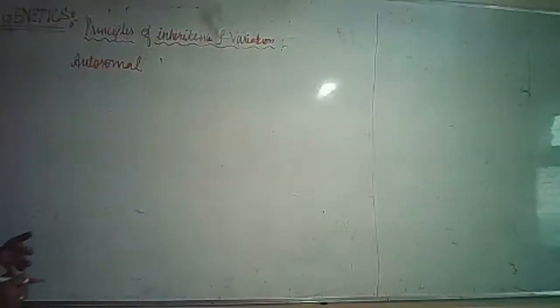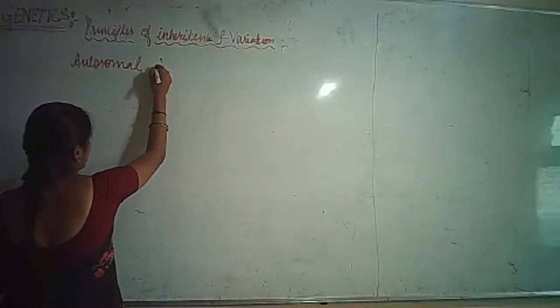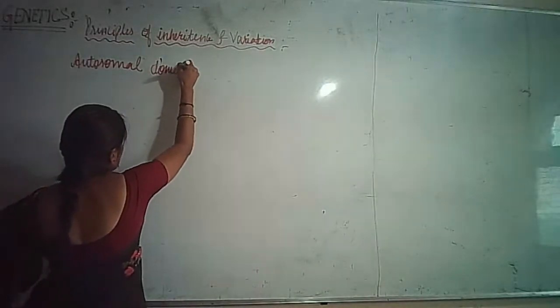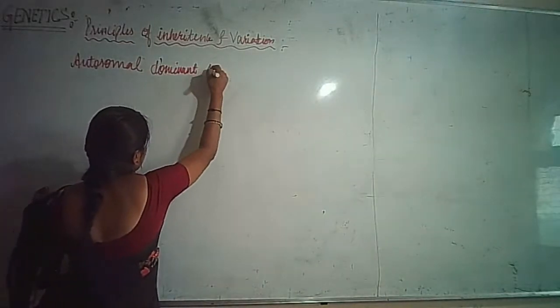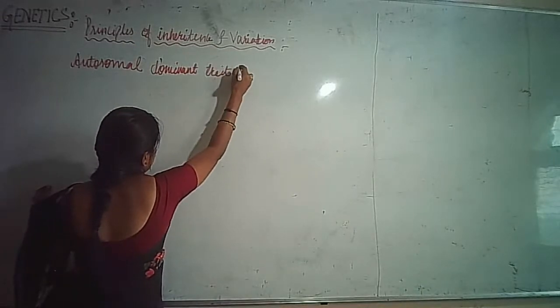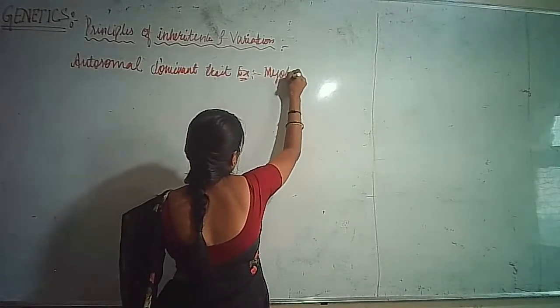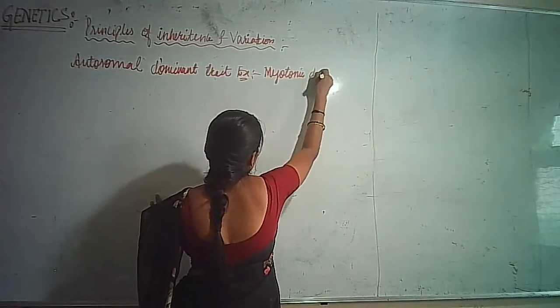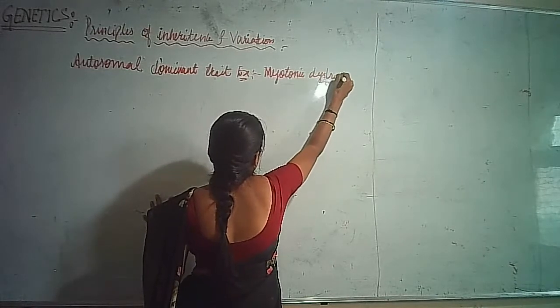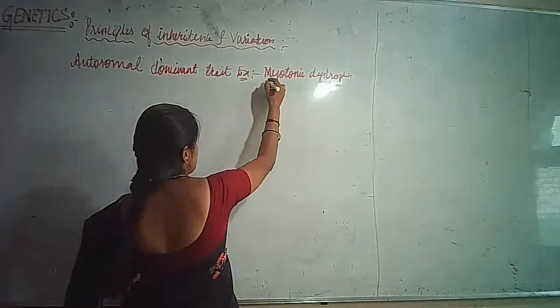First I will give the example of an autosomal dominant trait. Example for that is myotonic dystrophy. Myotonic dystrophy is a disease.